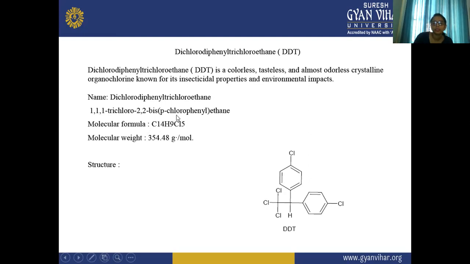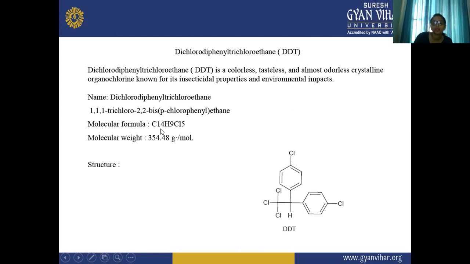Then 2,2-bis p-chlorophenyl: on the para position of this phenyl the chlorine is attached, and on the second carbon the phenyl groups are attached. And ethane because on the two carbon atoms all these groups are attached.